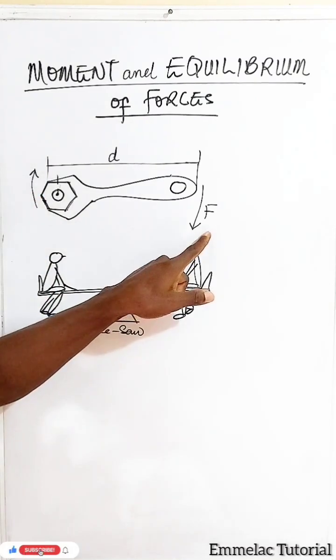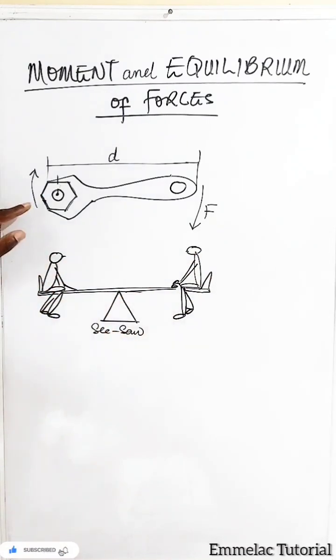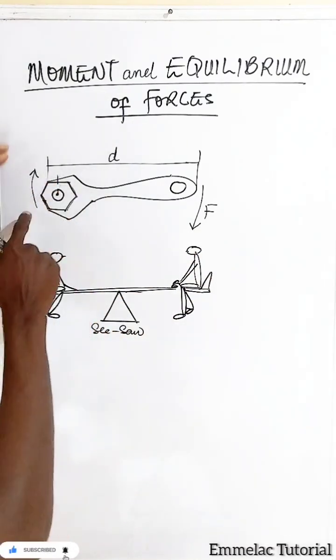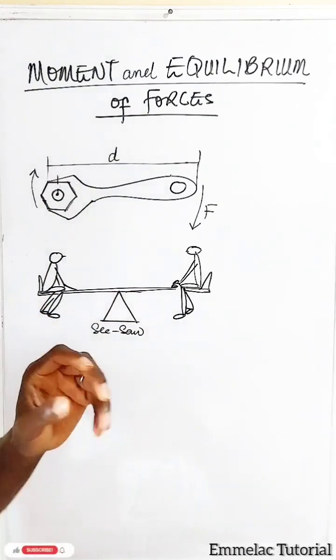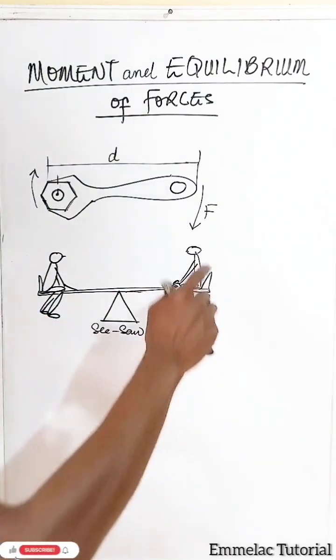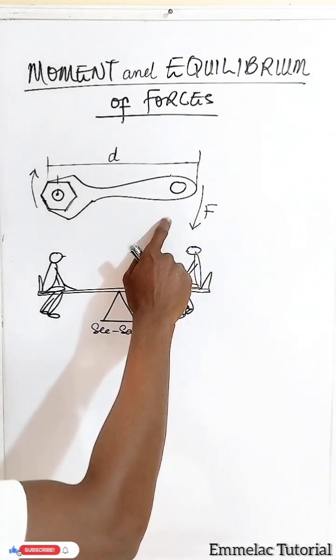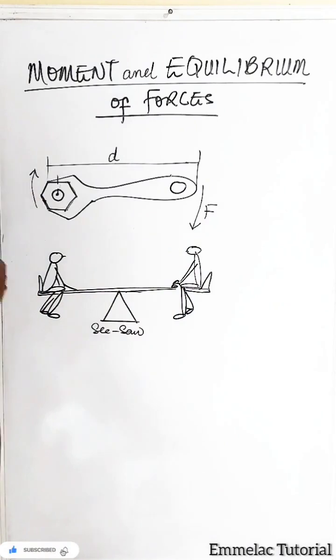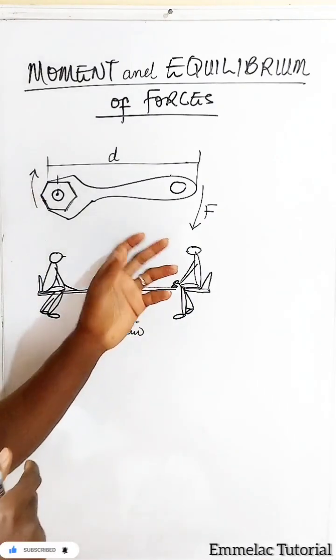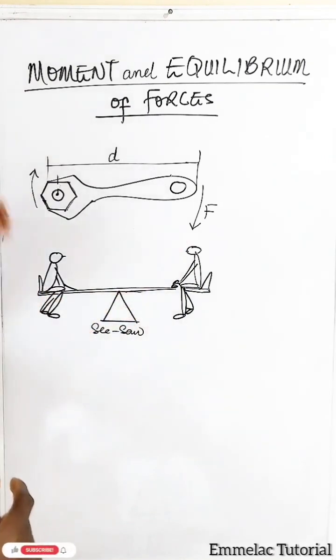As this force is applied downward, the nut tends to rotate upward. It implies that without this force being applied on the spanner, the nut will not rotate. Now we can introduce what we call moment.